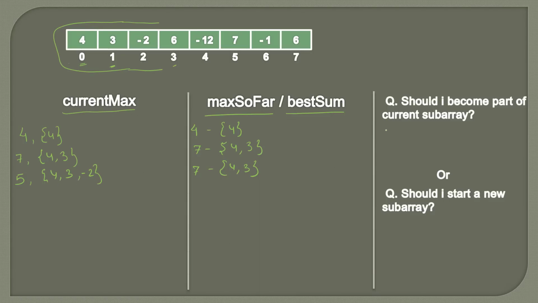If it becomes part of the current subarray, the sum will become 5 plus 6, which will give us 11. Or it decides, should I start a new subarray? If it discards the previous subarray and starts a new subarray from here, the sum will be 6 only. So the element 6 will decide, I will go with the current subarray because this gives the maximum sum.